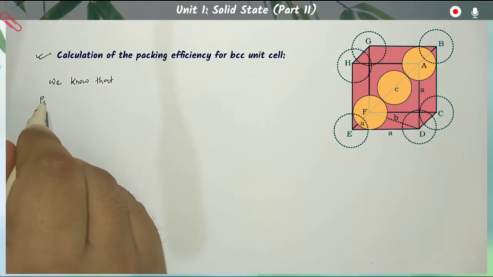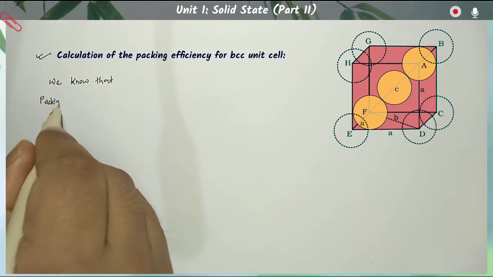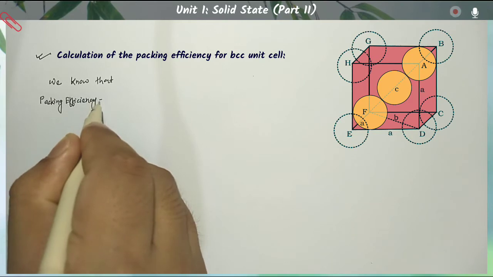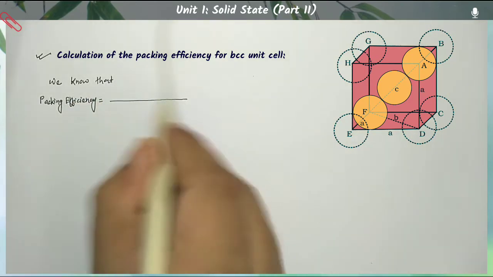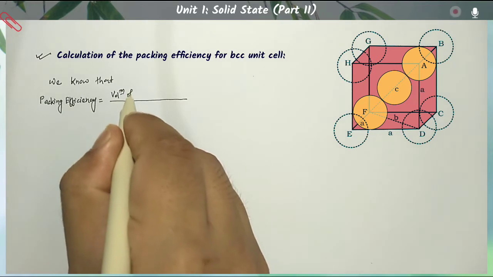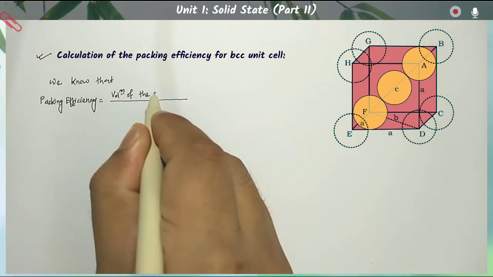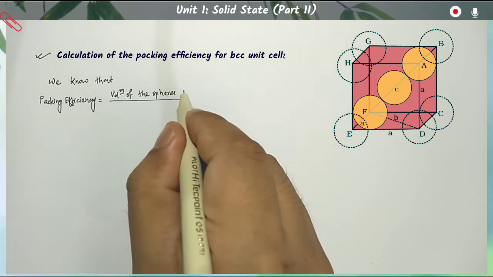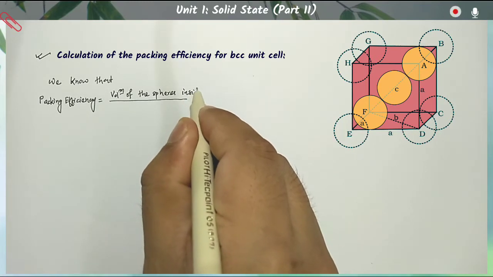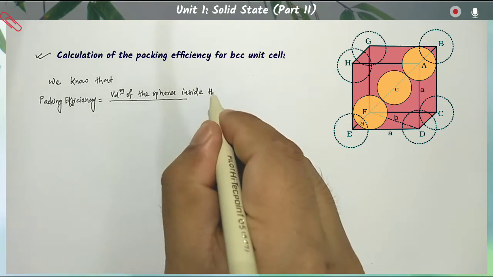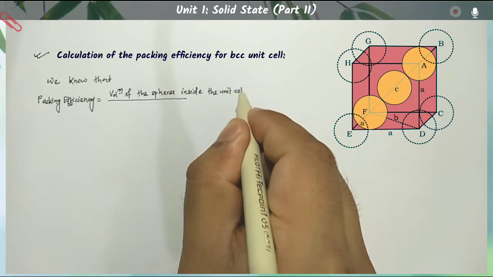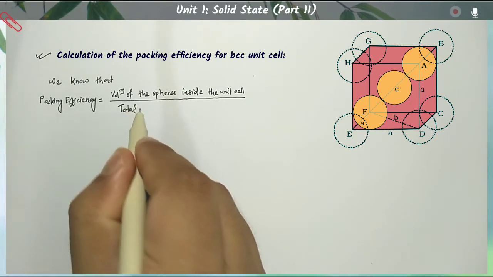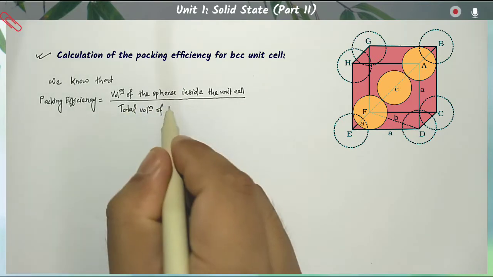the packing efficiency is equal to the volume of the spheres inside the unit cell divided by the total volume of the unit cell.